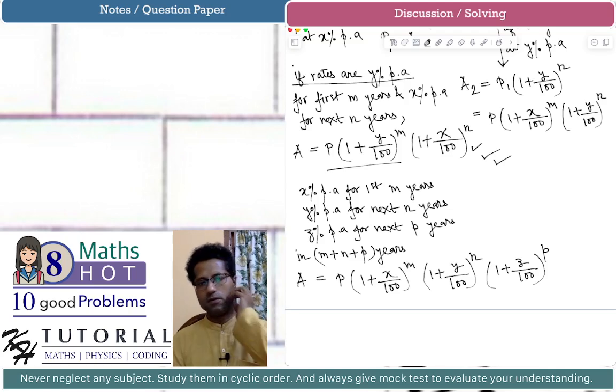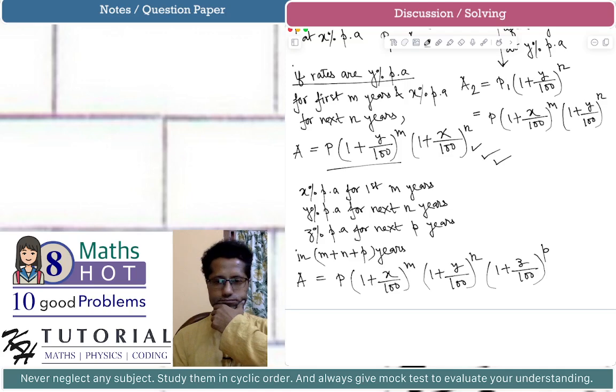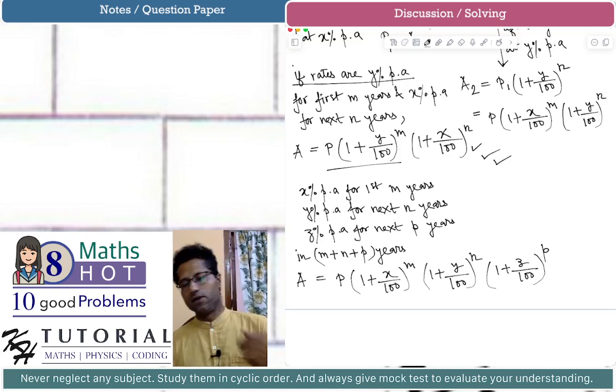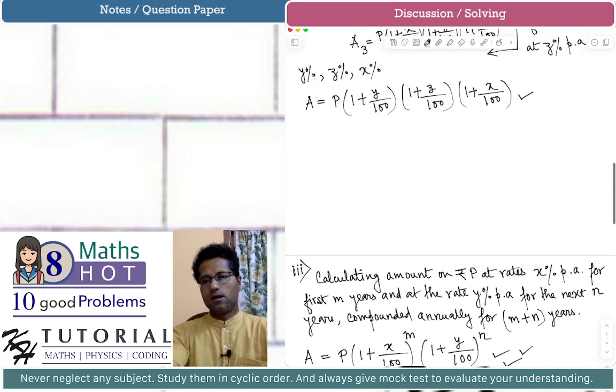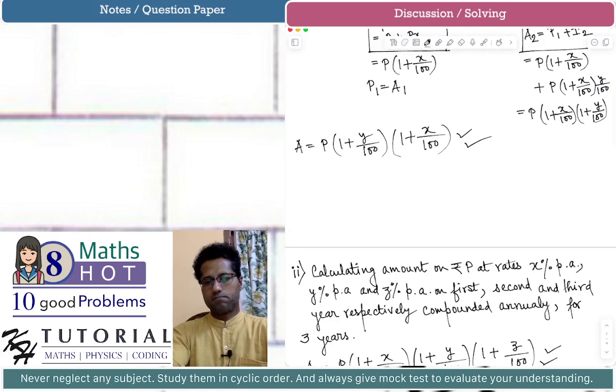I hope I was able to explain properly the formulas for calculating the amount for a certain period of time, that is years, where the interest is compounded annually and the rates are different for different years.